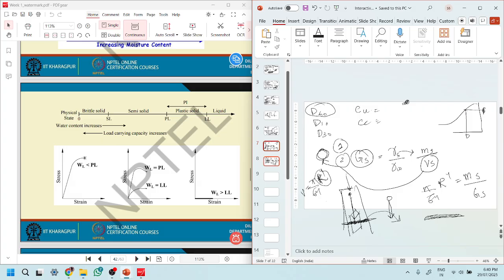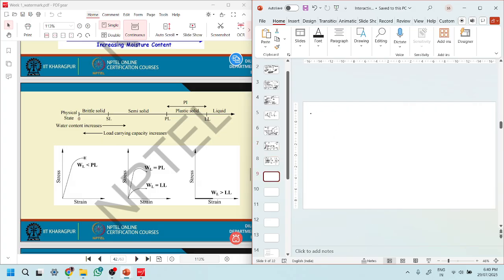So what this means actually is, let us say that I took a soil sample which was completely dry. I took it in a container. This is a dry soil sample. Then I will start adding water.